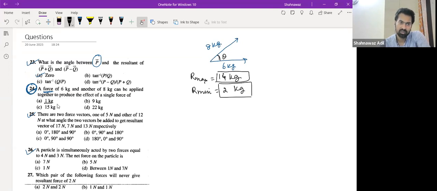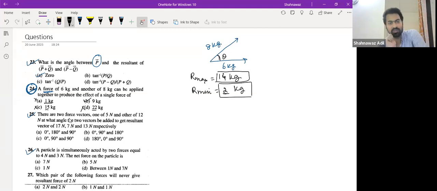No, sir, because the minimum that we can have is 2 kg. Right. And can we have this 15 kg? No, sir. So this is discarded. And can this be possible? No. So only this one can be the case.